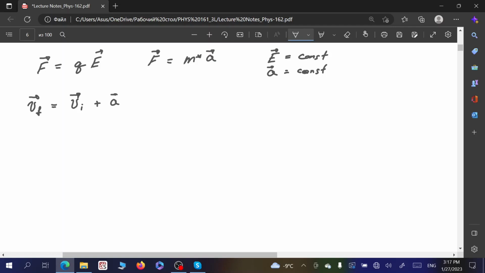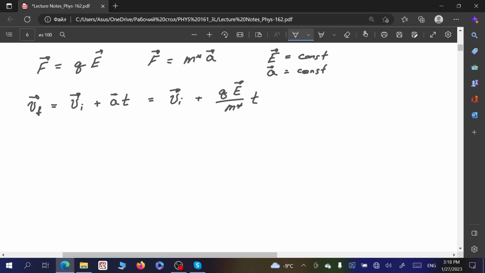So we have all this in vector form, and this is some time t. Or we can go further and write that V initial vector plus qE vector over m effective mass times time interval t.